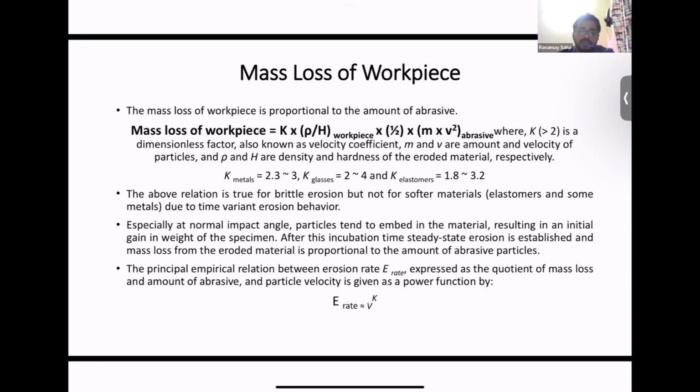Then the erosion factor is empirically dependent upon your particle velocity. However, theoretically, your mass loss is related to the ratio of density to hardness of your workpiece and the kinetic energy of your abrasive particles, okay.